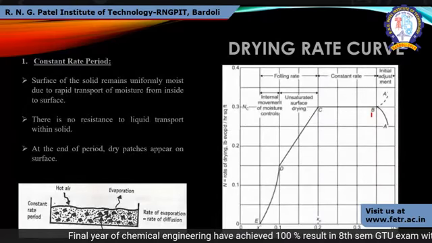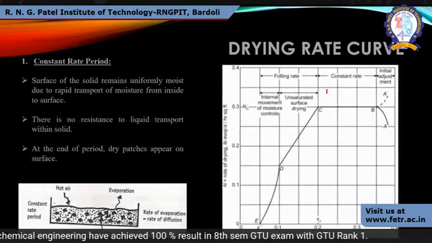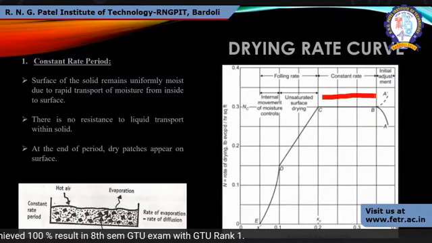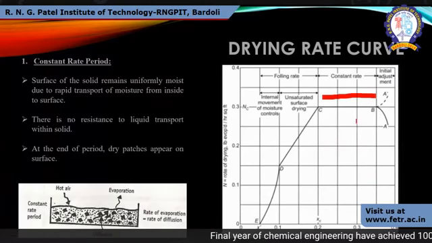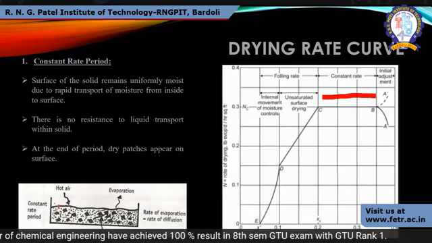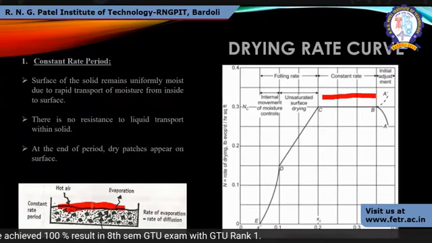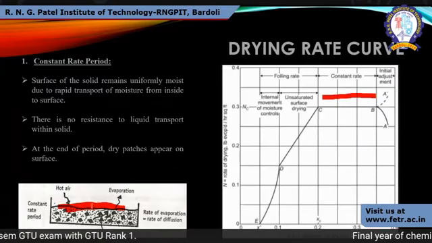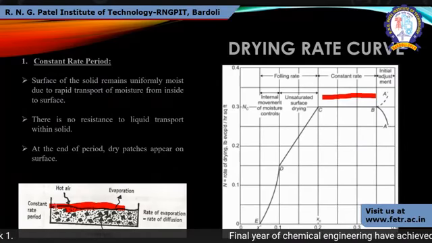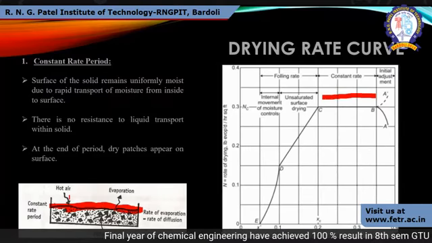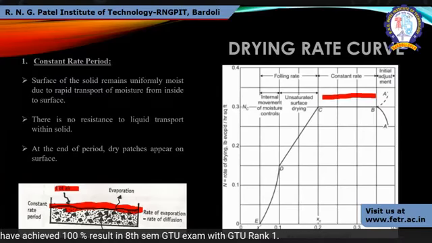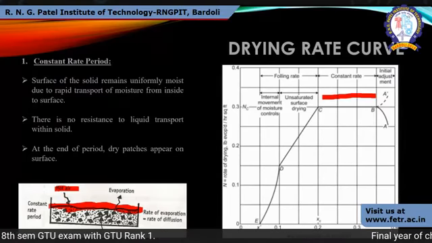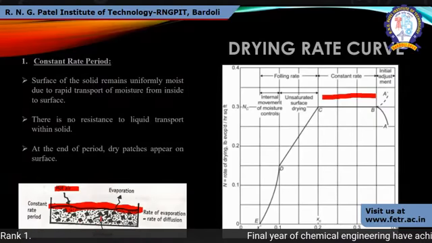Number one, the constant rate period. Here I am talking about point B to C. The surface of the solid remains uniformly moist. You have one more diagram here on the left side. This surface remains uniformly moist, the entire surface is completely moist, and hot air comes in contact with the water. The hot air comes in contact with the surface and diffusion from the solid takes place.